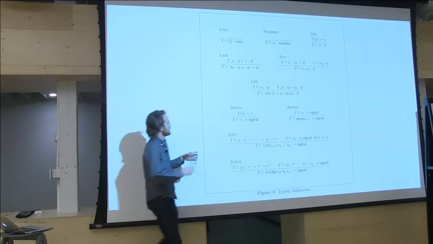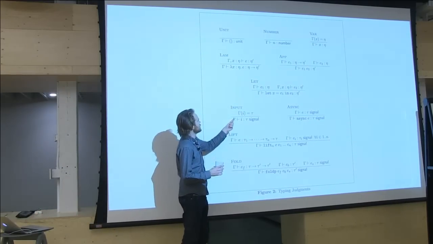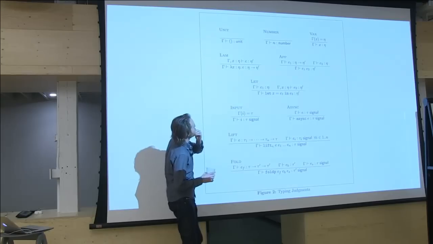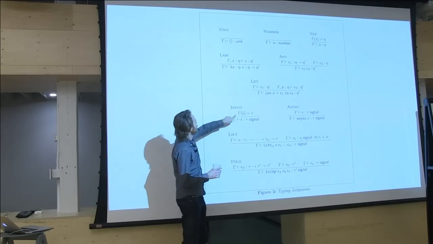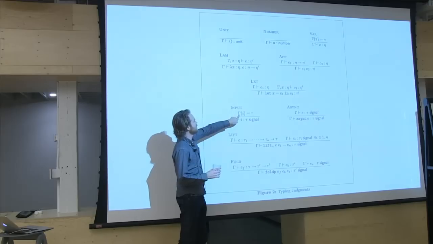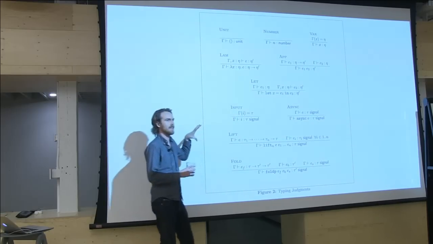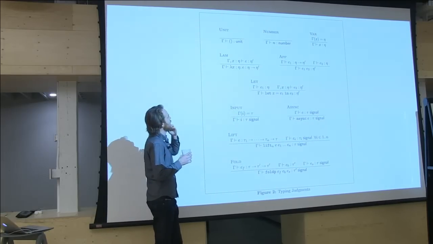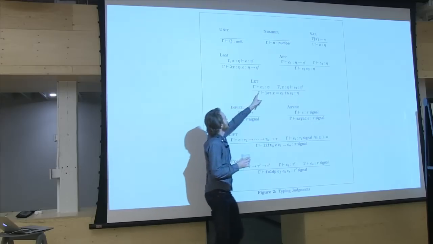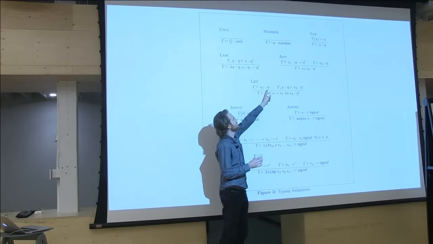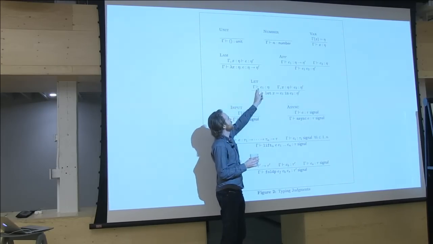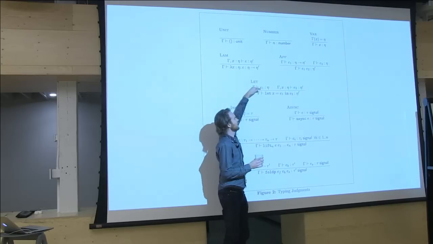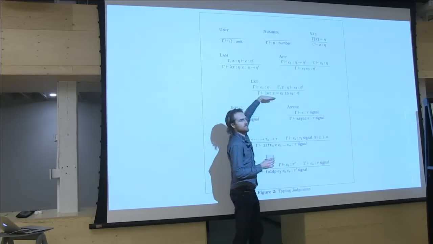The way to read this is that gamma is a type context, and you say E1 is of type eta when it's in this type context, and then given all this stuff, then this stuff.